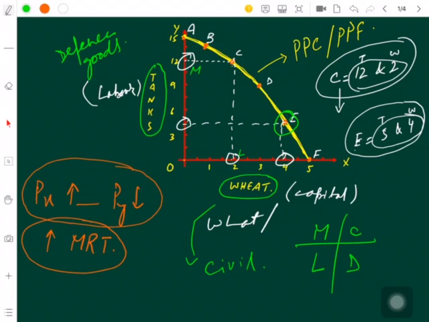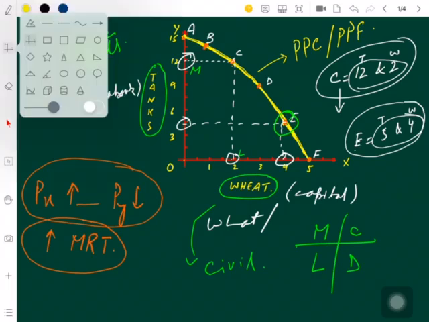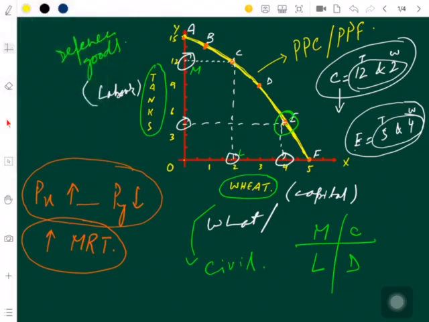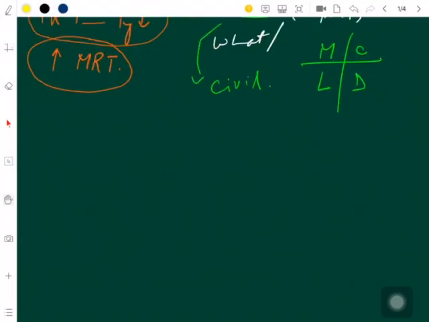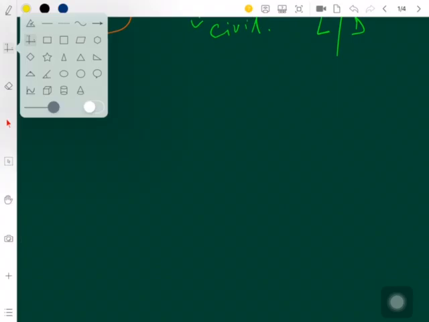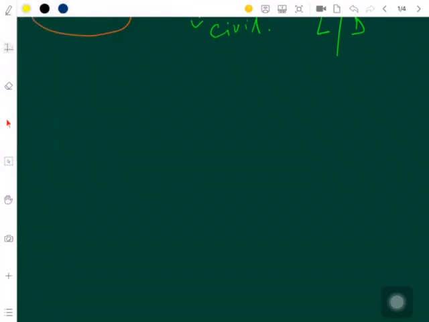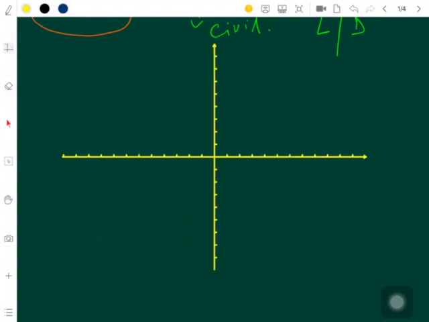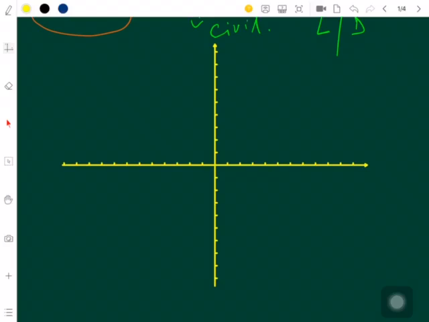Now you must keep in mind that I will draw one more graph to make you understand how it works. For that, I'm taking the coordinate axes. We are using just two coordinates, so we do not require this much of the graph.